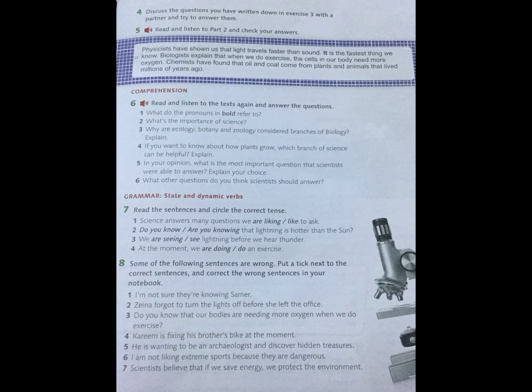So we do not say I am not liking. We do not add an ing to like. So it becomes I don't like extreme sports. 7, scientists believe that if we save energy, we protect the environment. And this is written correctly.